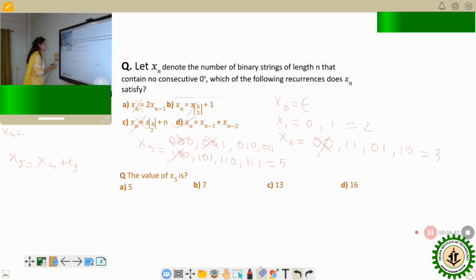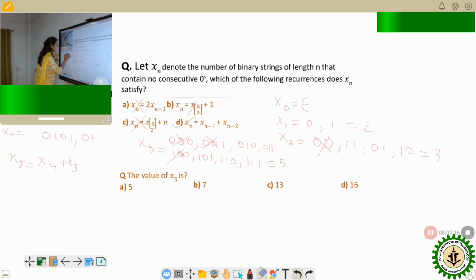Then 0001, also 000, that means there are consecutive zeros. 0010 also has consecutive zeros. 0011 also has consecutive zeros. 0100 also has consecutive zeros. 0101, so there are no consecutive zeros.